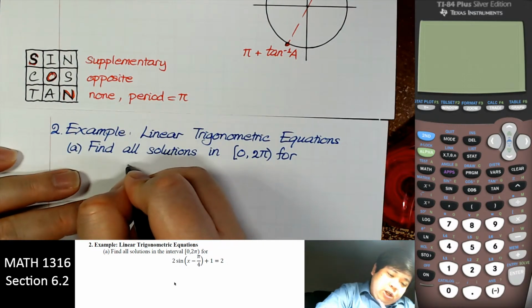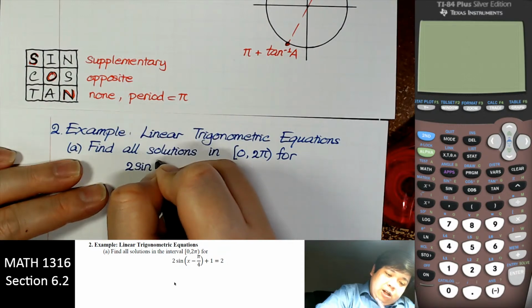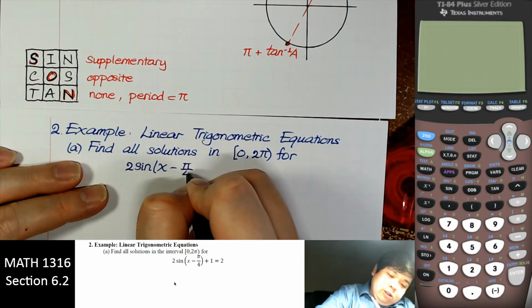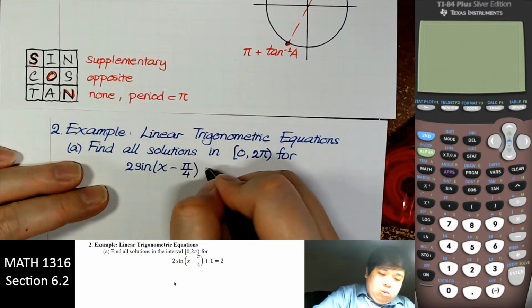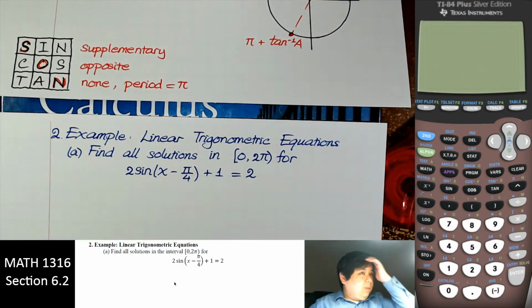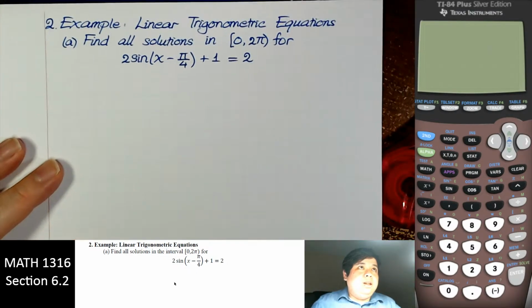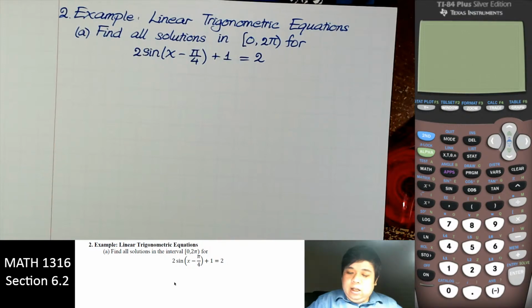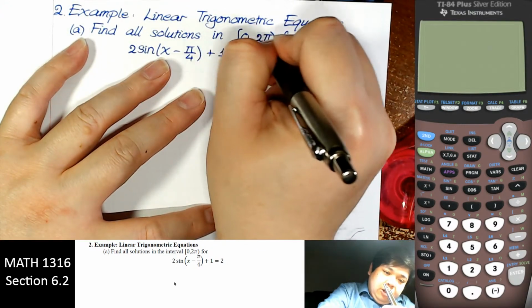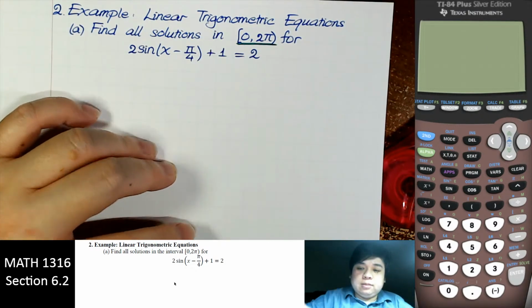The equation is 2 sine of (x minus pi over 4) plus 1 equals 2. So in this problem, we want the solution between 0 and 2 pi only.